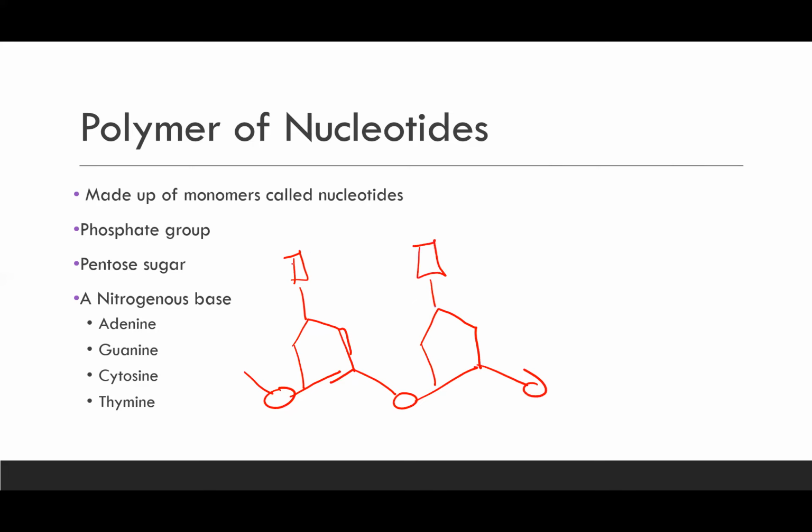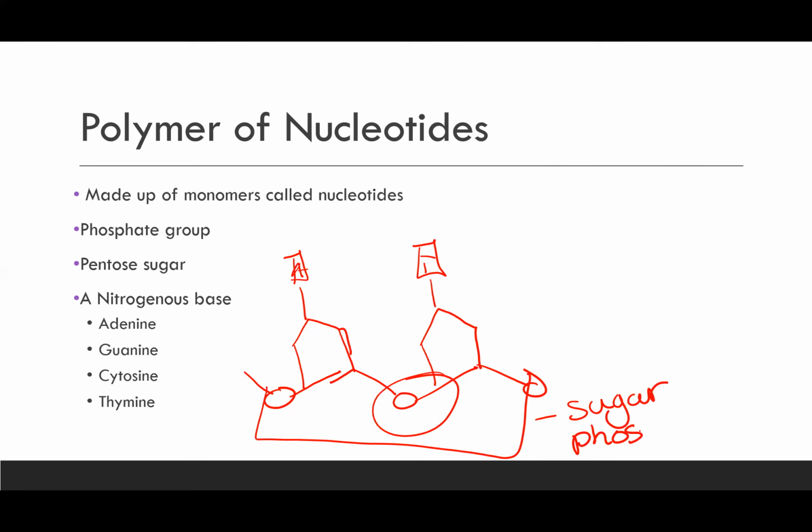I know all your different bases, so it might be A and T there, for example. So they join together to form a polynucleotide chain, and covalent bonds form between the phosphate group of one nucleotide and the sugar of the other. So we've got these covalent bonds joining here. And this whole area here is what's called the sugar phosphate backbone.